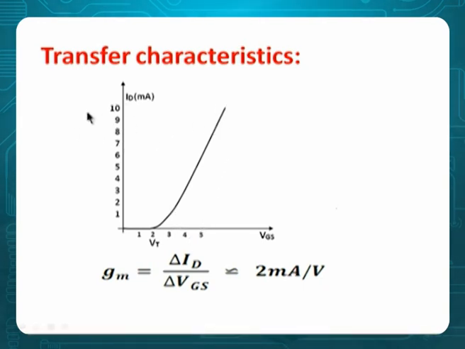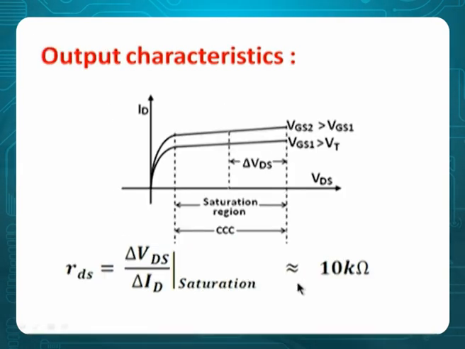This is current in milliamperes. This is the transfer characteristics. You can always calculate the change in ID by the change in VGS, that is approximately 2 milliamperes per volt. That's about transfer characteristics.